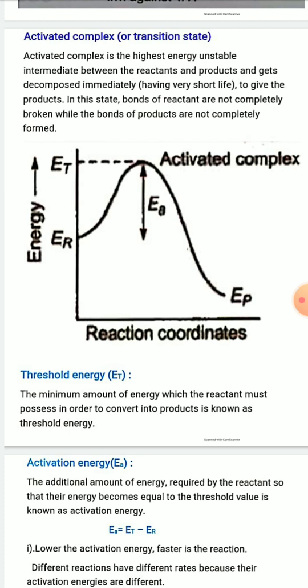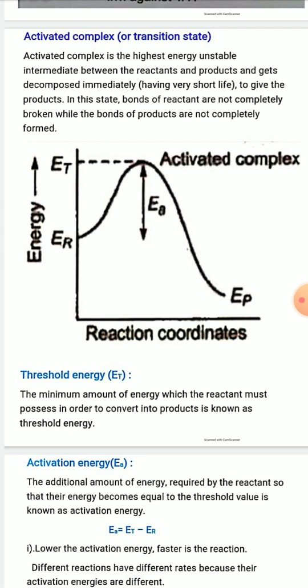You have to know that each substance, each reactant and product, has some amount of potential energy, internal energy. Here it is shown that the energy of reactants is represented by ER and the energy of products by EP.